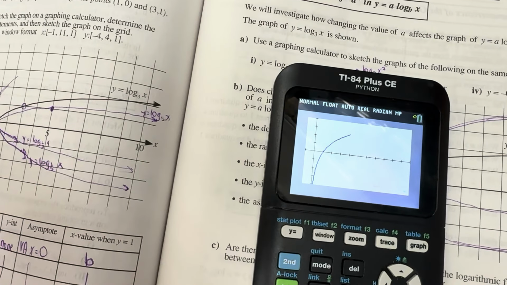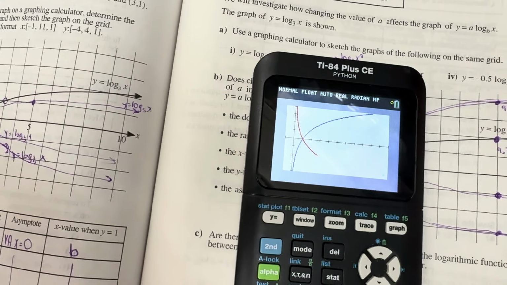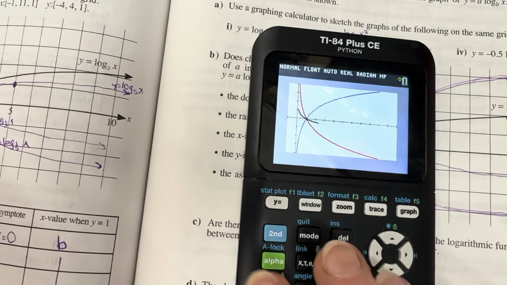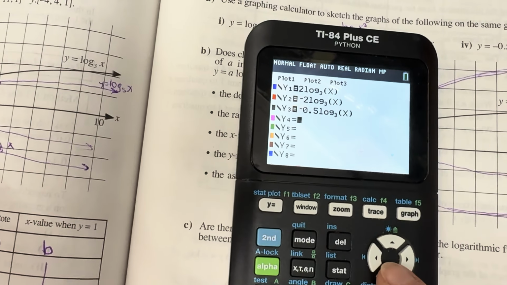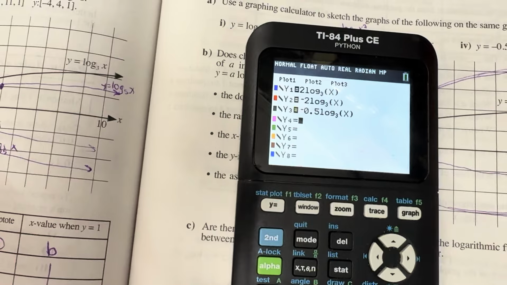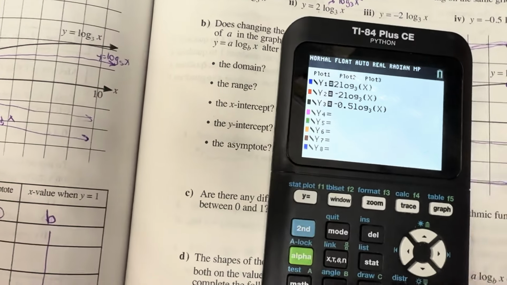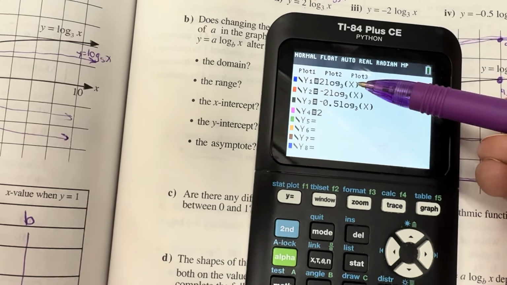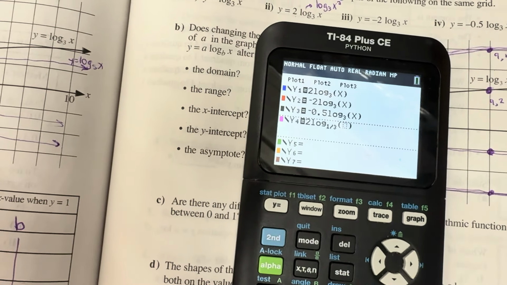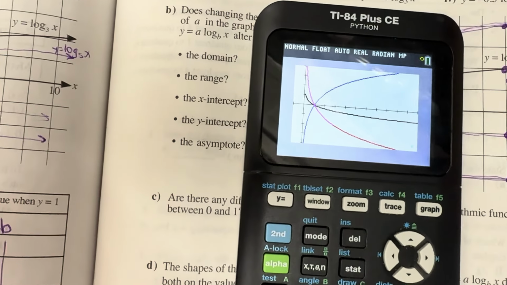Okay, and waiting. Come on. Okay, so now I'm going to put one in. Let's put in 2, because I'll do this one right here, and then log of 1/3 of x.